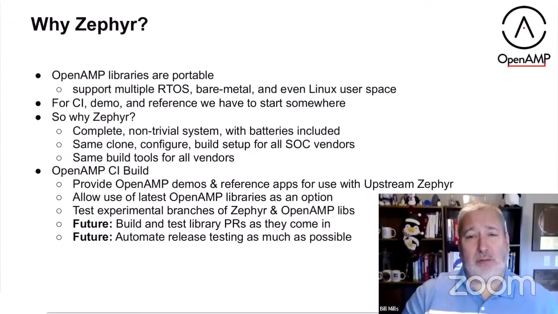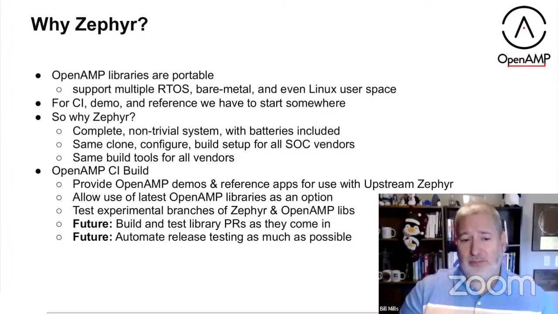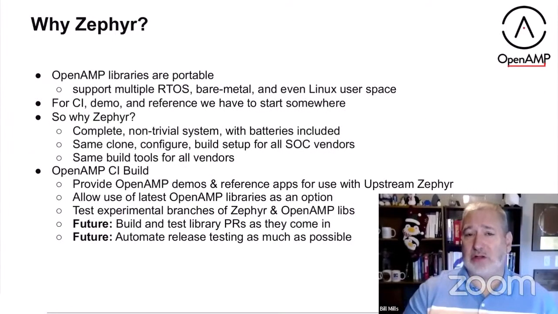In the future, we want to be able to build PRs to the libraries as they come in for regression testing and that sort of thing. And we also want to automate the release testing that happens twice a year for these libraries. So do as much of that in an automated fashion as possible.